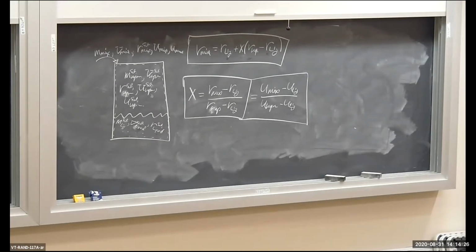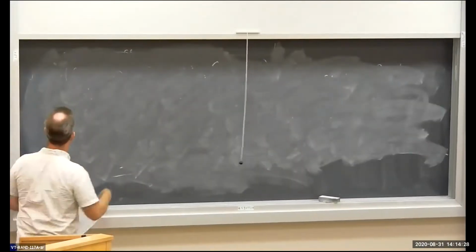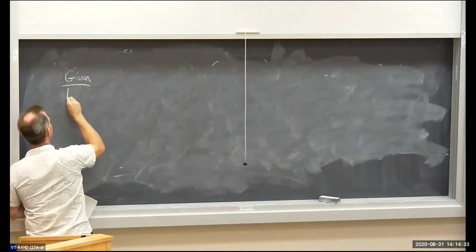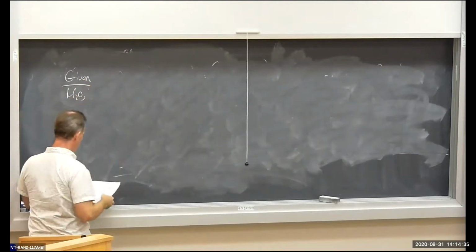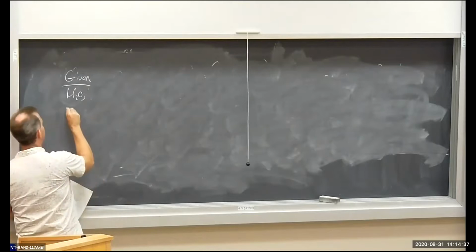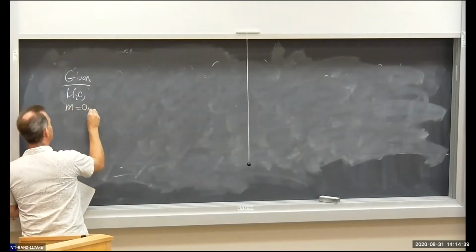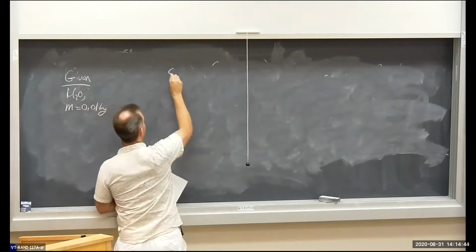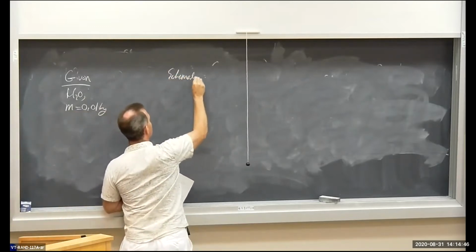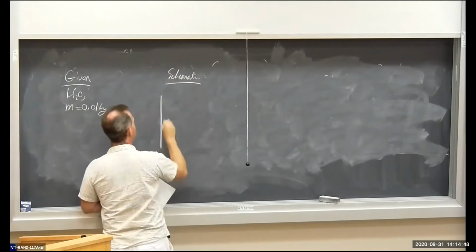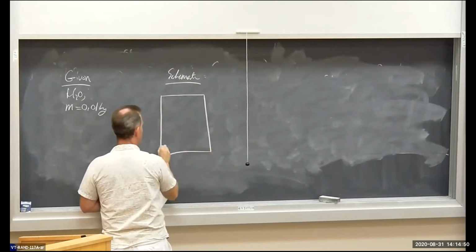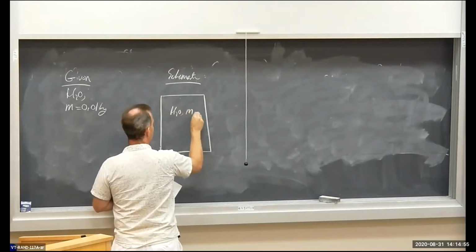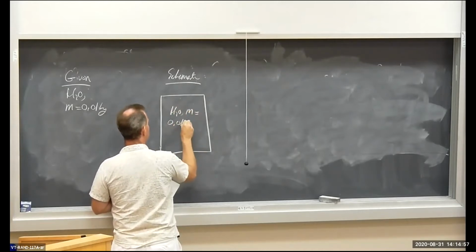Given H2O, how much H2O do we have? 0.01 kilograms. So schematic: we have some kind of a container here of H2O, and the mass is 0.01 kilograms.